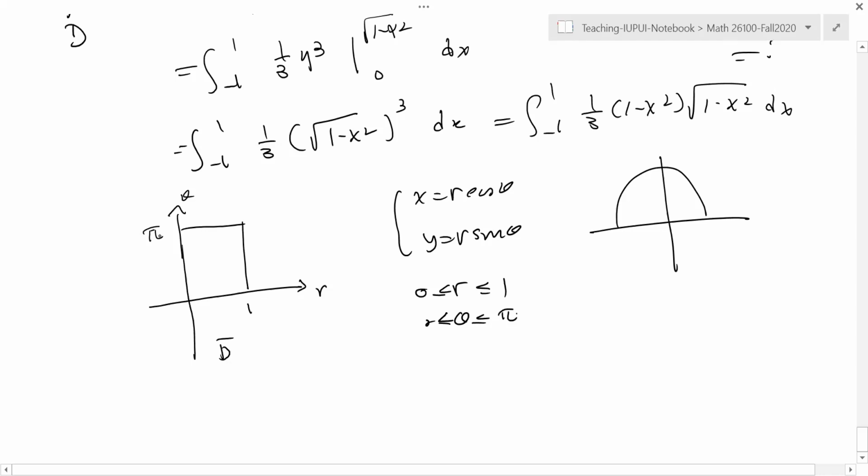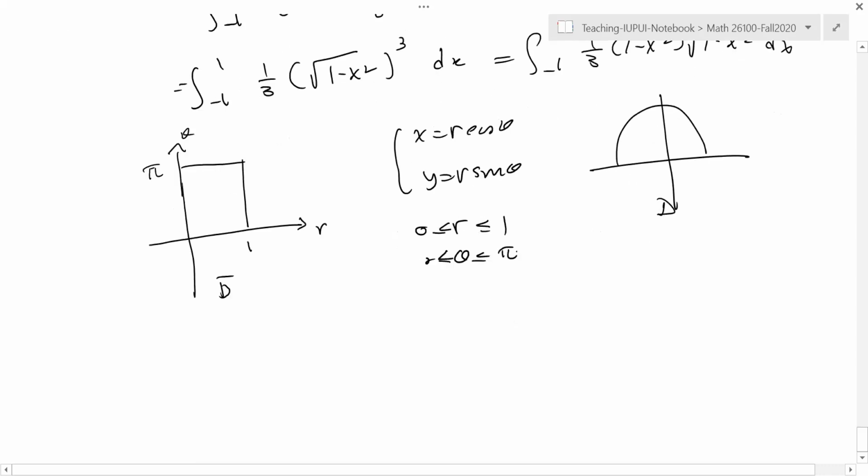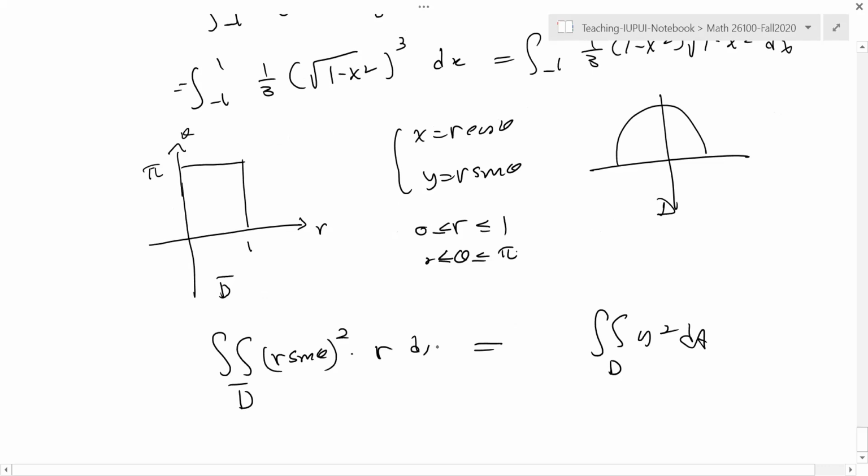So this domain is sent to D by that transformation. The double integral on this side is going to be the double integral on that side, of y equals r sine theta squared, times the dA.